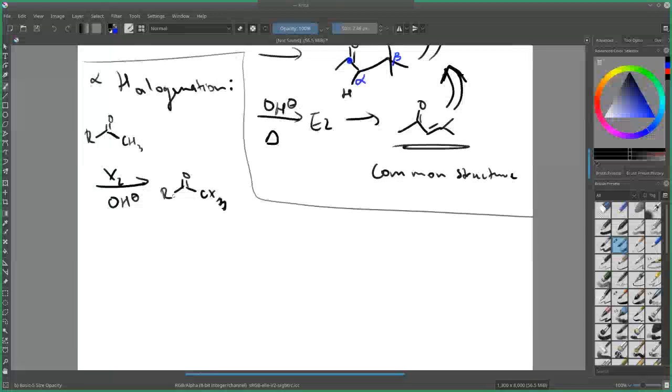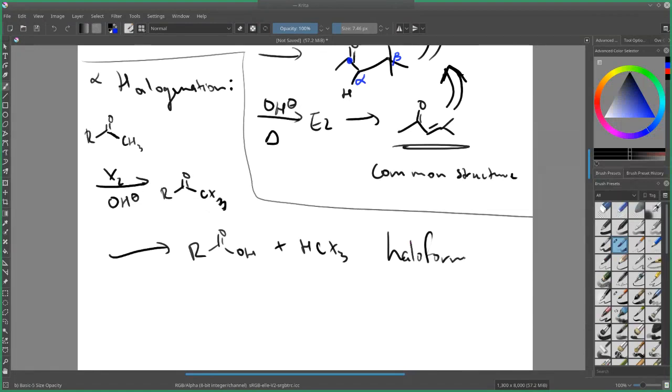Okay. And then this CX3 is a pretty good leaving group. So from there, you wind up getting an acid and HCX3. And this reaction is called the haloform reaction.